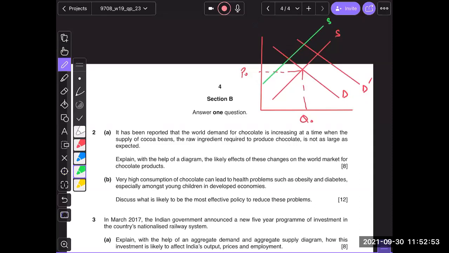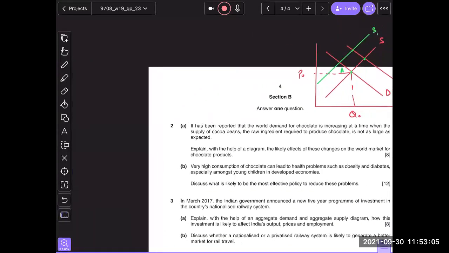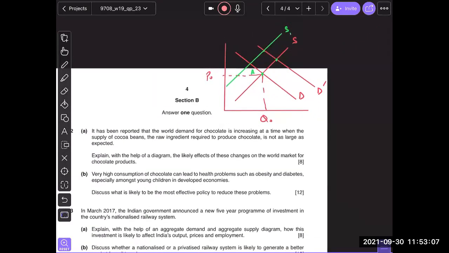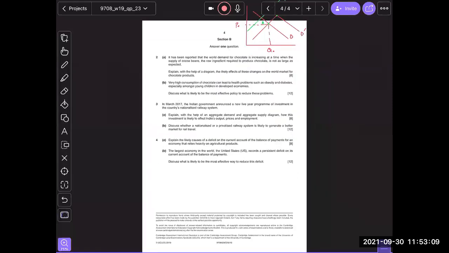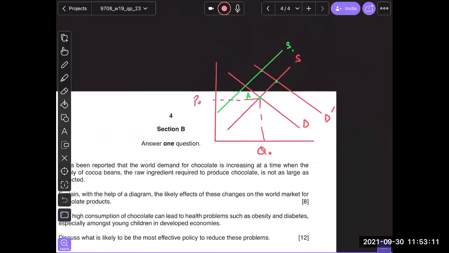And that can mean the equilibrium will change from point A, as the demand is increasing and supply is falling. So the ultimate quantity is depending on 2 things.